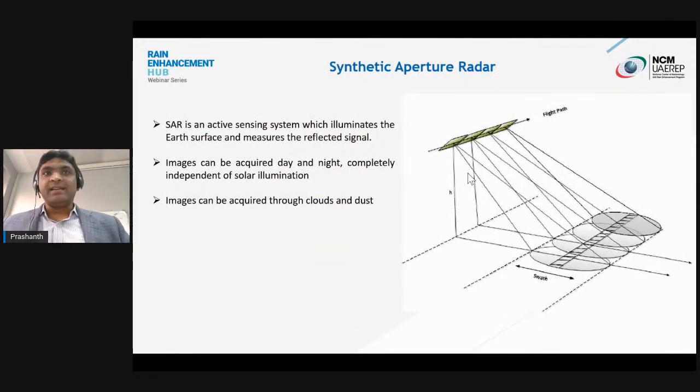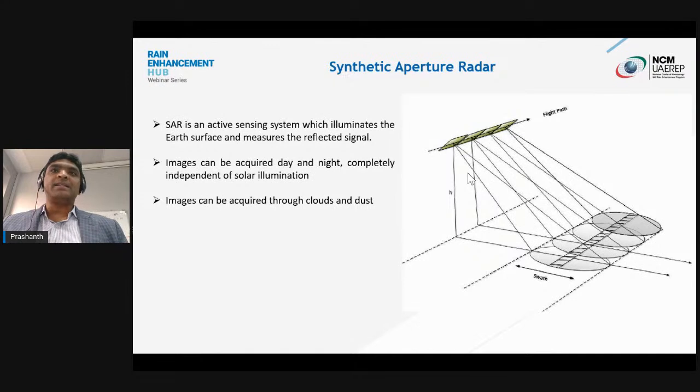SAR is an active system, as I said, which illuminates the Earth's surface and measures the reflected signal. The core of the synthetic aperture radar concept is that it uses a smaller antenna, unlike regular radar systems, which would need much larger antennas at these frequencies.